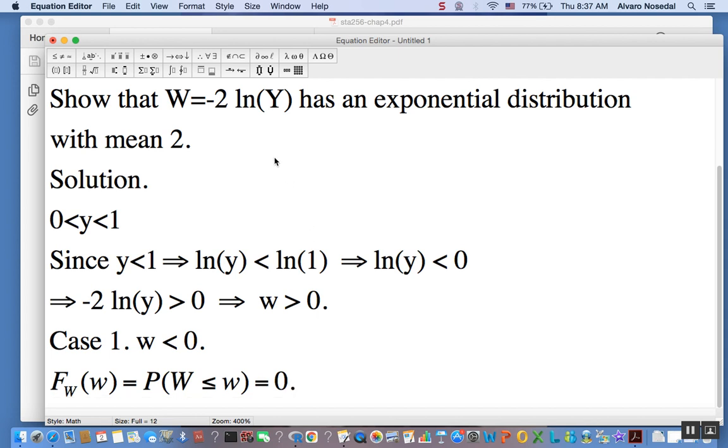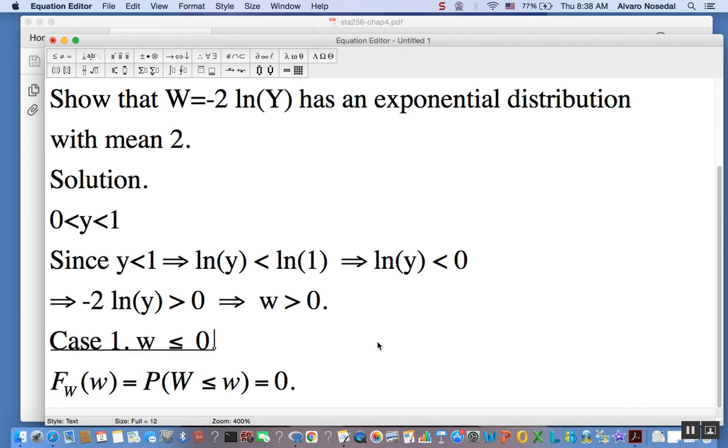So, can W be 0? No, right? Minus 2 times natural log of y cannot be 0.